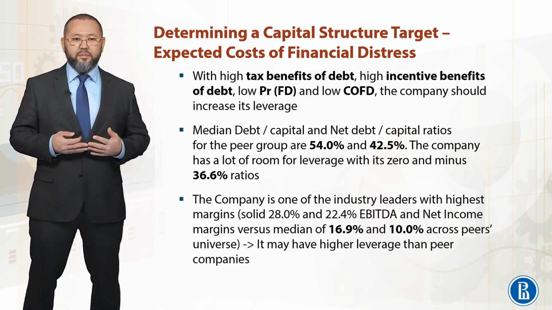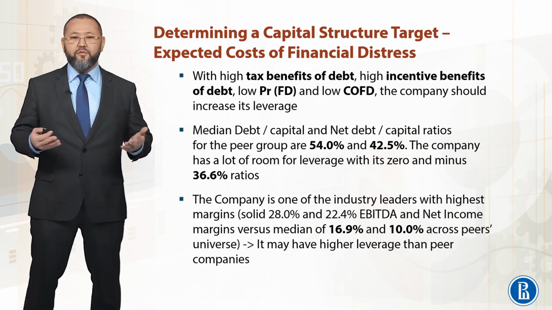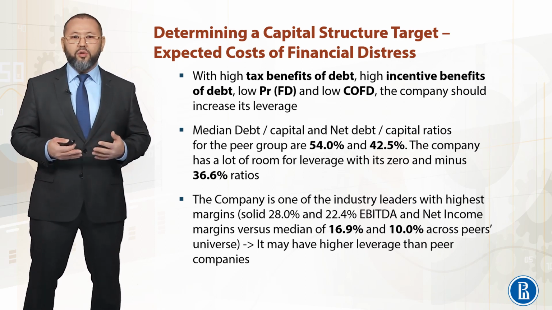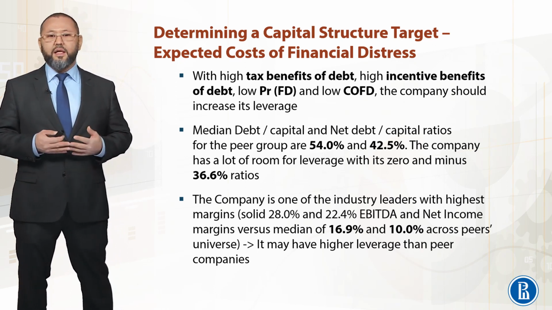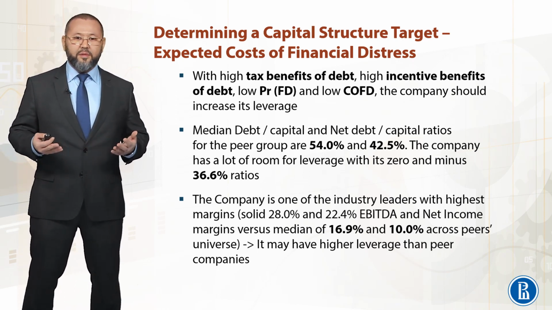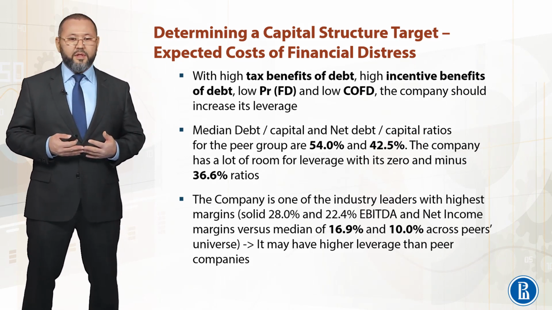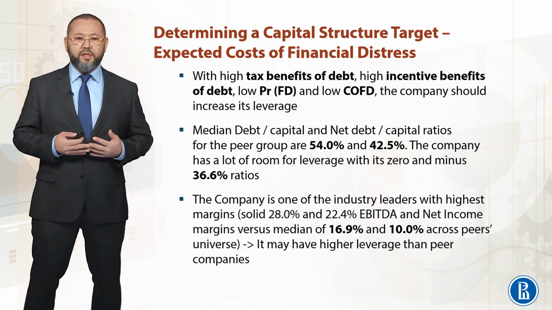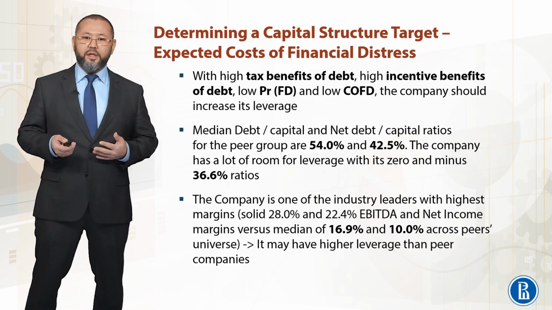And we also see that the median debt to capital ratio for peers is 54, and the company has a lot of room with its leverage of 0. And we also see that the company is one of the leaders with the highest margins. It's 28% EBITDA versus a median of 17% across the peer universe. So the company can have even higher leverage than peer companies.